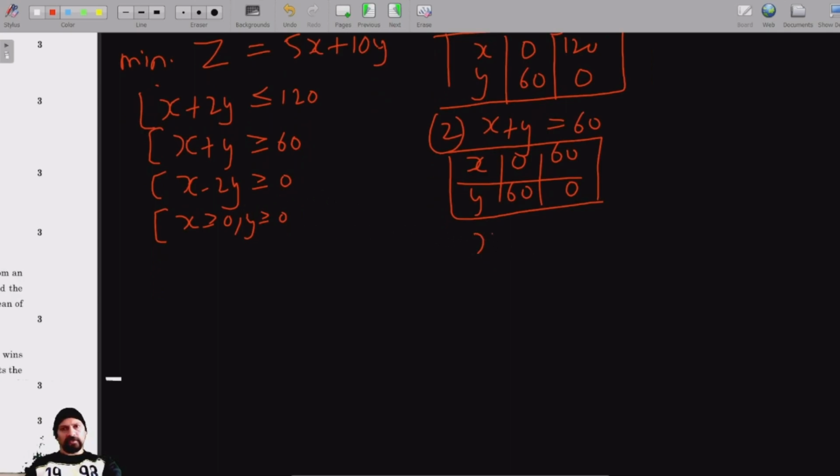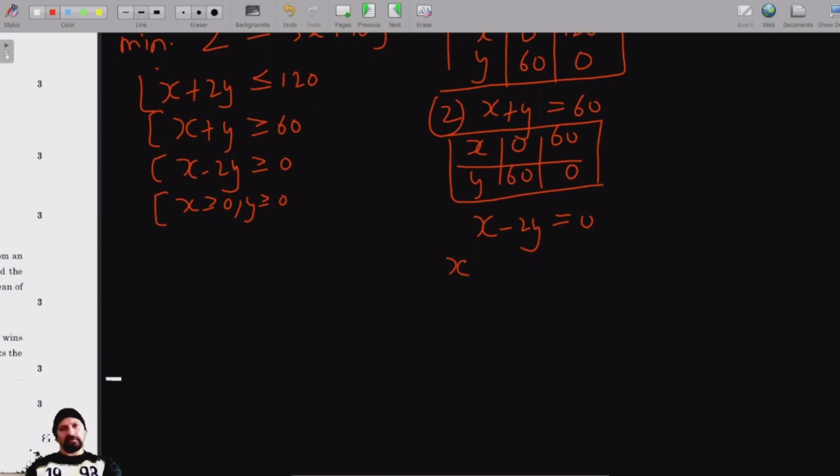And the third one is x minus 2y is equal to 0, which gives me, if x is 0, then y is 0. Let's put in some other value for it. Let's say if x is 20, then y is 10. But let's put x is equal to 40.